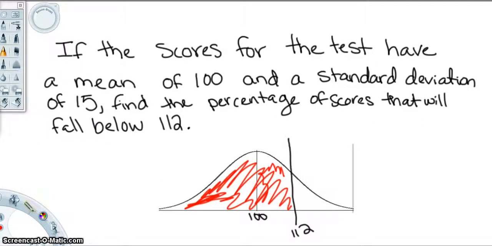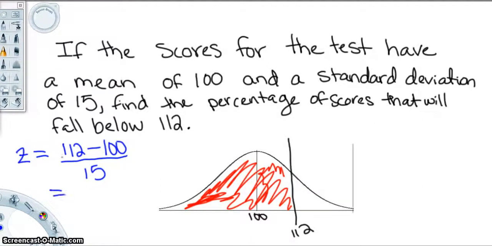So to find this, we need to look at what our z value is going to be. So we have our value and our mean, so our value is 112. And we subtract our mean, which is 100. Then we divide by our standard deviation, which is 15 in this case. So we calculate this out.